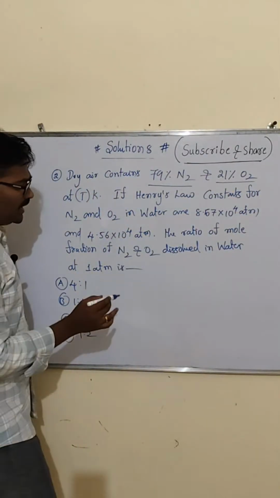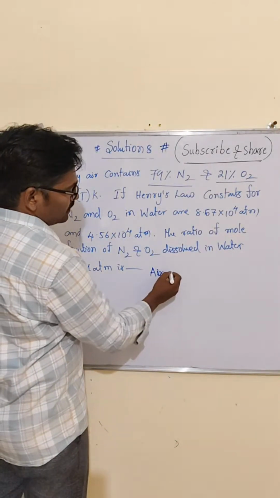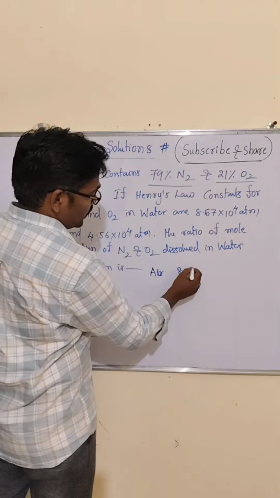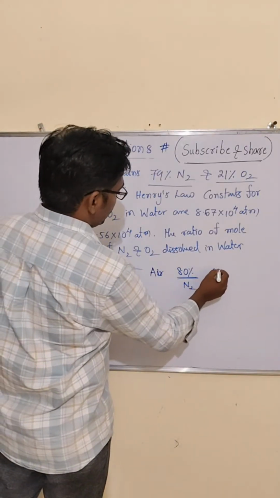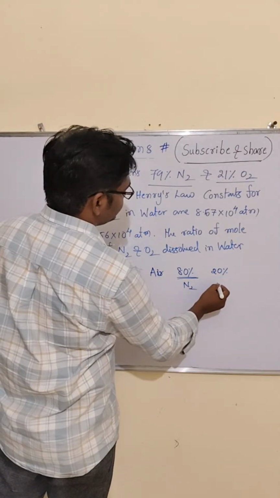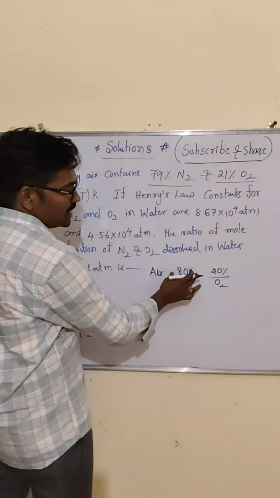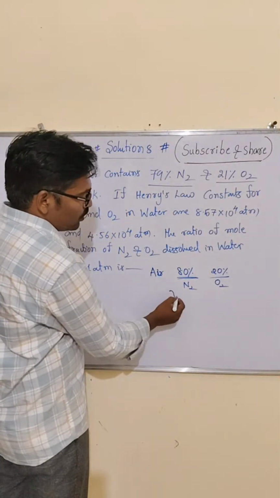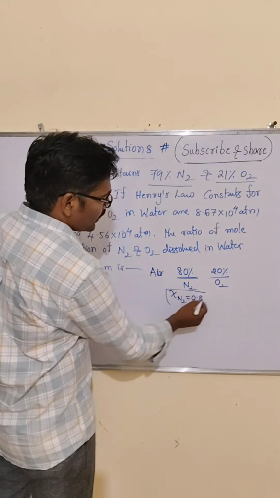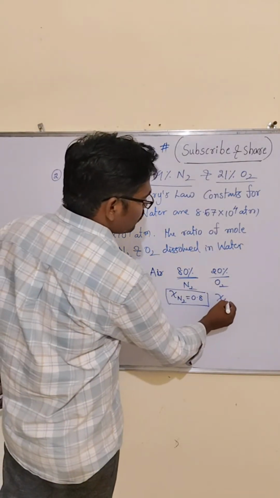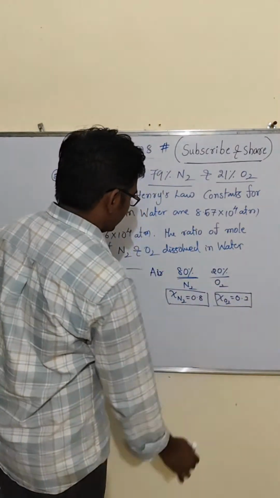So approximately, just assume it as 80% of N2 and 20% of O2. When 80% is the mole fraction of N2, you get 0.8, right? Then the mole fraction of O2 is 0.2. Clear, my dear students?